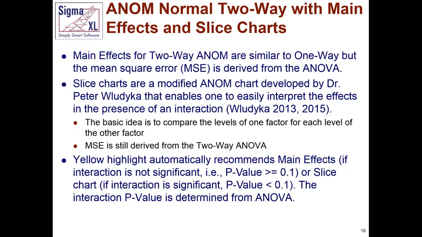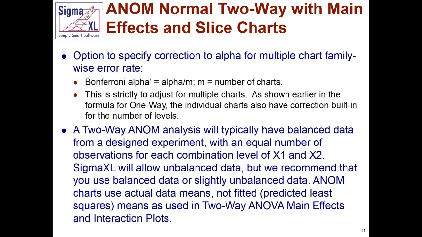That's when the slice charts are recommended and when they should be used. In fact, we test the interaction and automatically recommend the main effects plot if the p-value is greater than 0.1, and if the p-value is less than 0.1, we highlight the slice chart. So you'll get that yellow highlight.